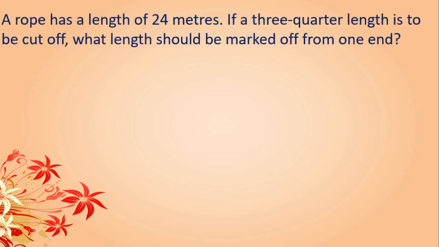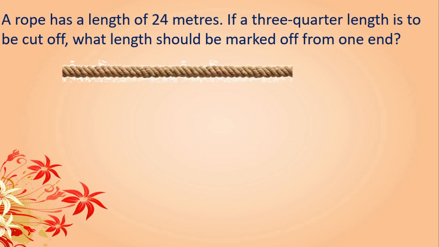A rope has a length of 24 meters. See, this is a rope, it has a length of 24 meters. If 3/4 of the length is to be cut off, what length should be marked off from one end? Here it has two ends, this one and this one. We will calculate from here. This is 24 meters long. Now what is asked? If 3/4 of the length is to be cut off, half of 24 is how much? 12, right?